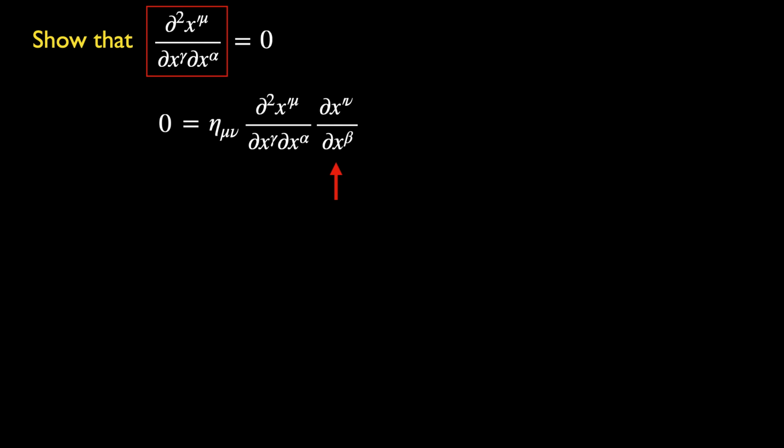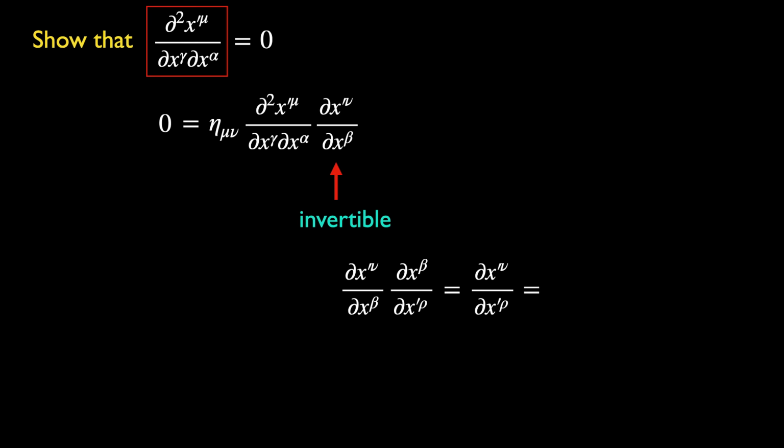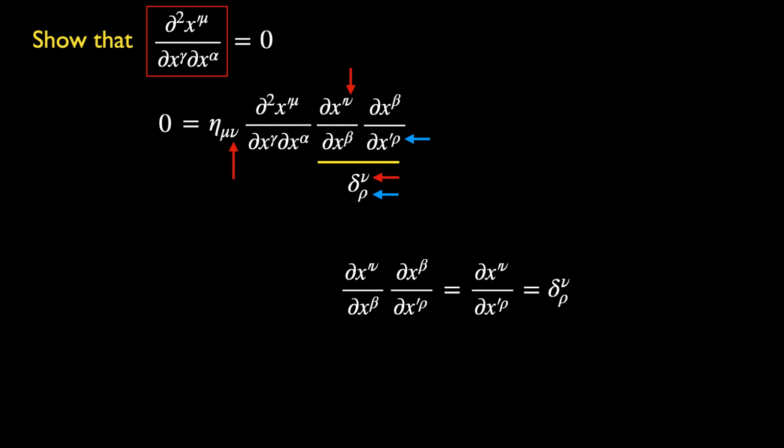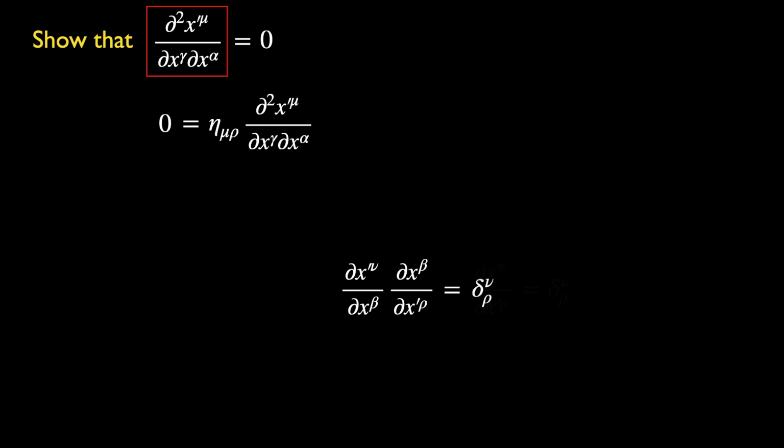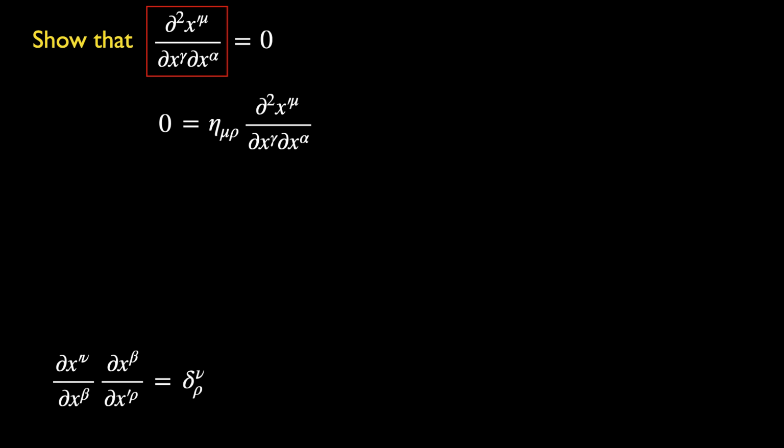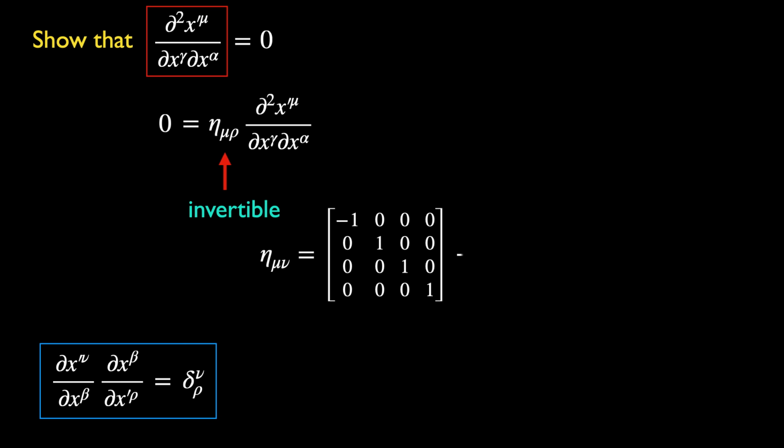Notice that this derivative can be inverted by contracting with the derivative of x with respect to x prime. The effect of this Kronecker delta is to select from the sum over the dummy index nu of eta, the index rho. The matrix eta is also invertible and is its own inverse.